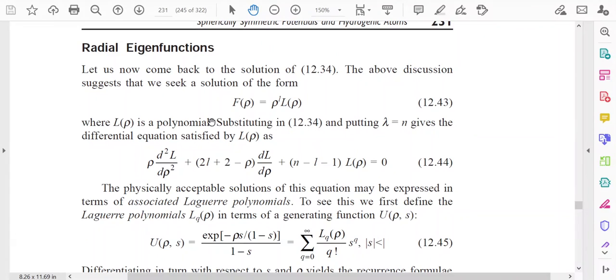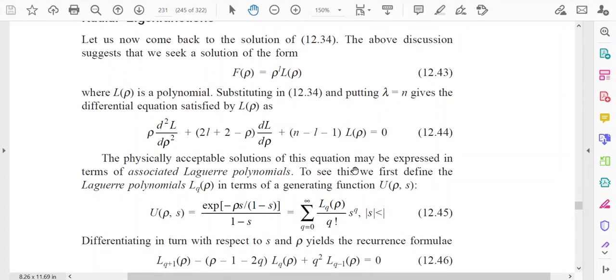So, the above discussion suggests that we seek a solution of the form f of rho equal to rho to the power L into L of rho, where L of rho is a polynomial. So, if we assume the function f of rho is like this, then we can solve this equation. Now we have to substitute this form of f of rho in equation 12.34, and if we put lambda equal to n, which we have already established, then this equation will become like this.